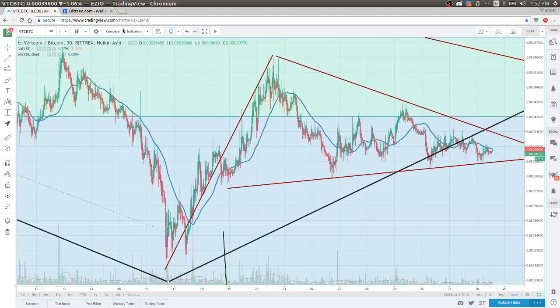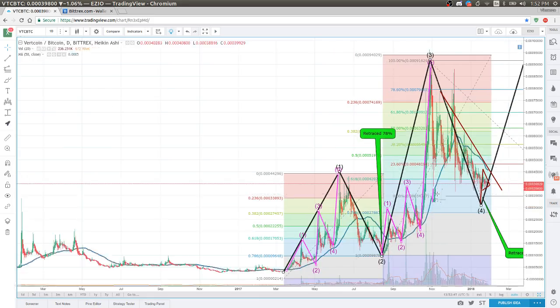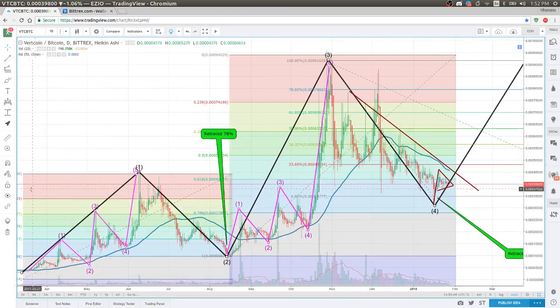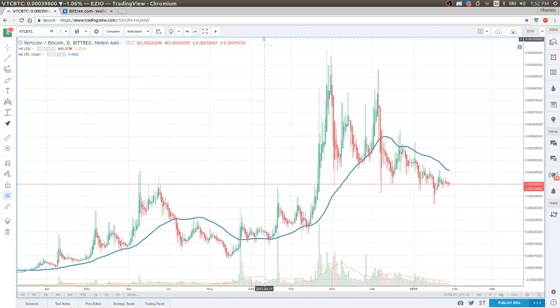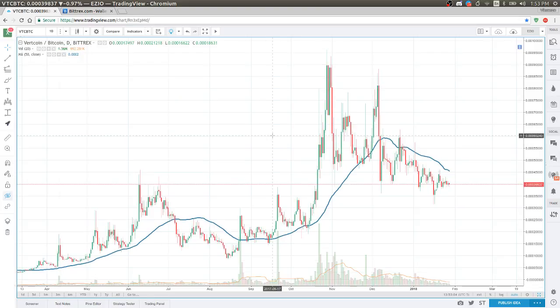This is 30 minutes, but if you see it on the day chart, let me cancel. So here I have an idea of all the spikes, right? It's green, red, green, red, green, red. I know the swings, but if I put candles, let's see what I see. You see, for me it's more confusing, but everyone can use whatever they want.